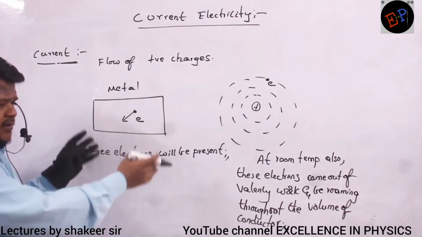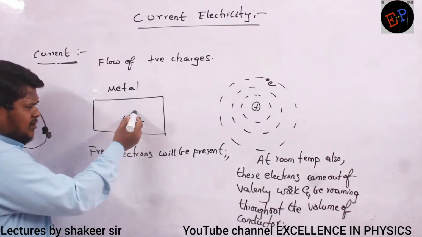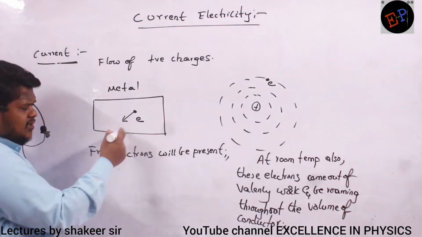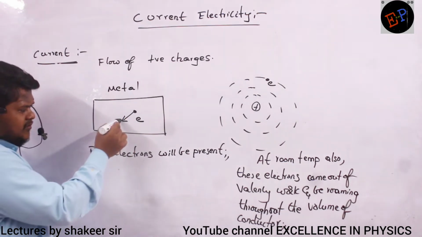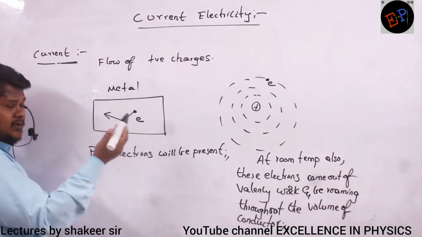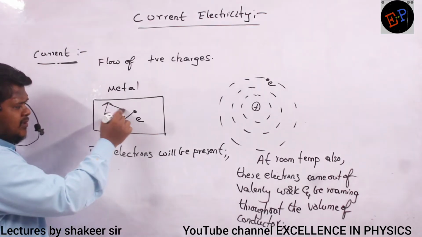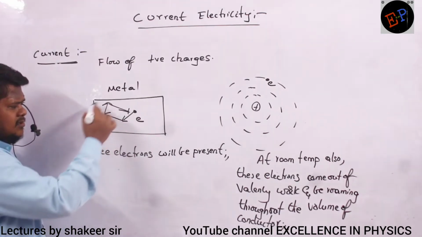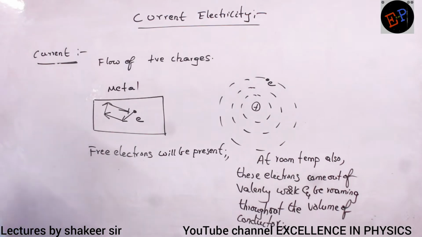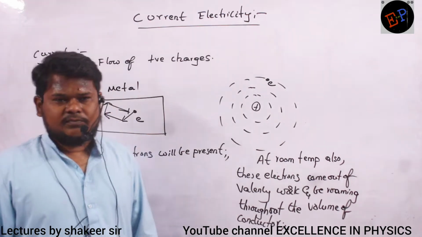The total metallic conductor is made up of atoms, ions only. Okay? So after traveling up to this much distance, the electron collides with another atom, and immediately its direction will change. Then it collides with another atom, and again its direction will change. Again collision will happen, again direction will change. Like this, it will be moving in random motion. Random motion means there is no particular direction. Are you able to understand, ma?